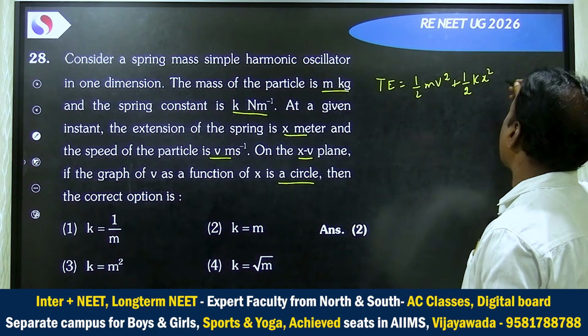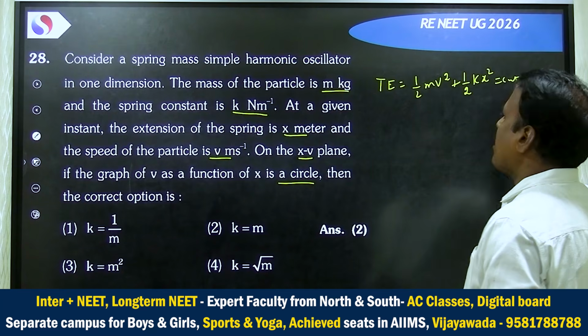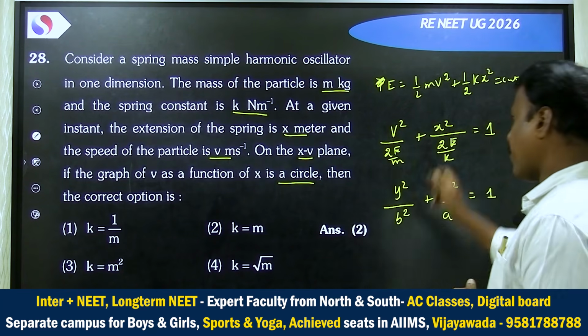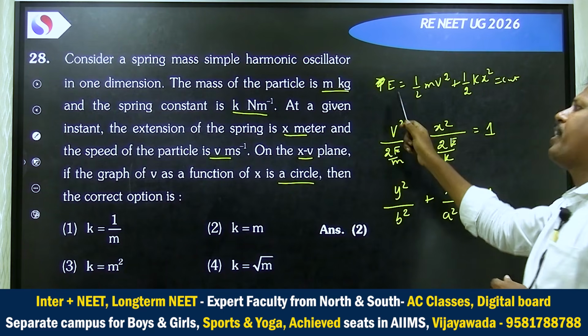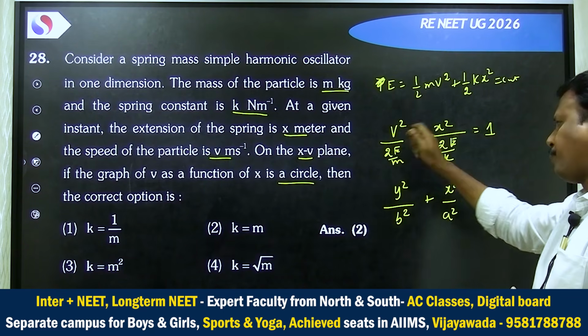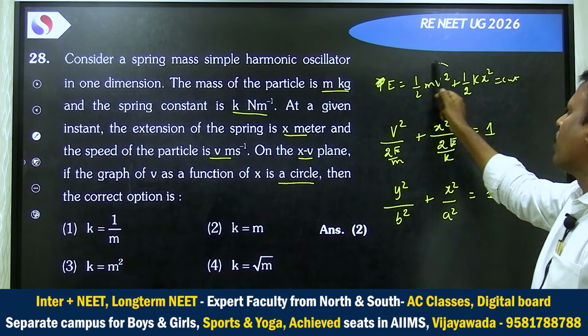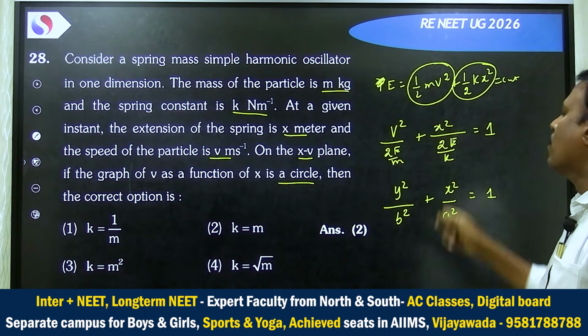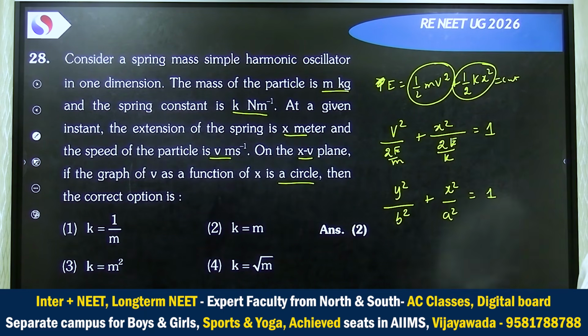Total energy is a constant in all these systems. This total energy is taken as symbol E, and that is the sum of two terms: the body's kinetic energy and the spring's potential energy.